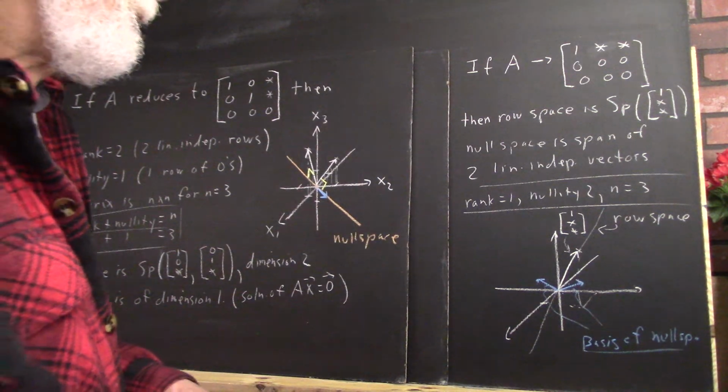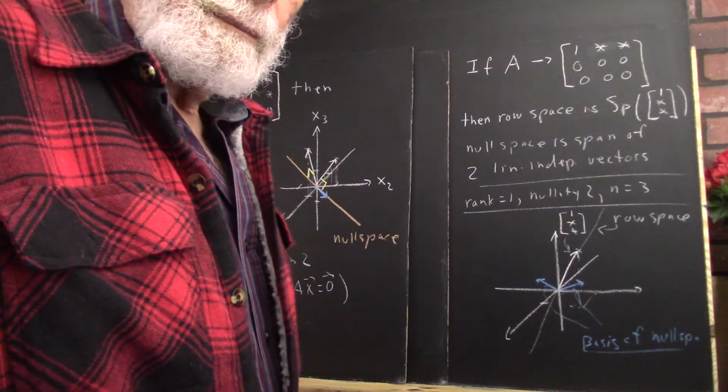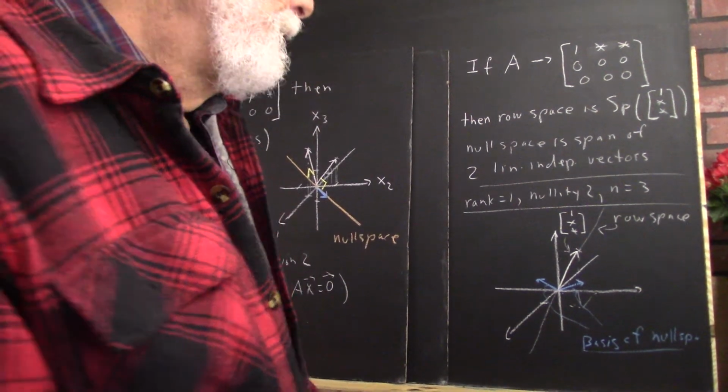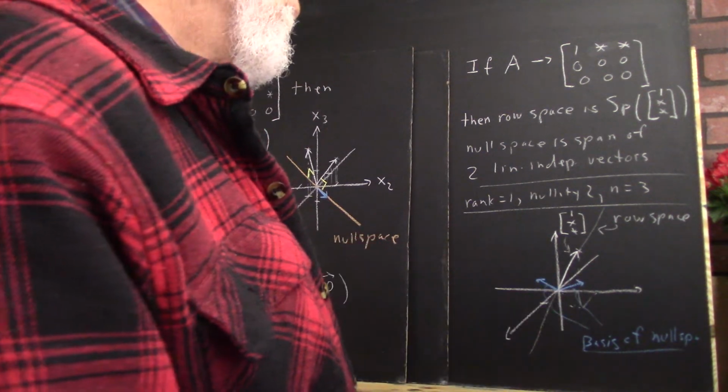Then your null space consists of a plane through these 2, lying on these 2 vectors.